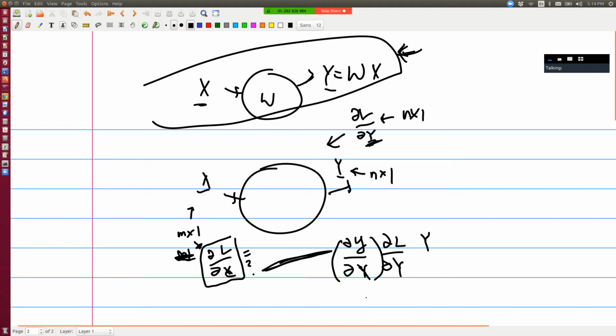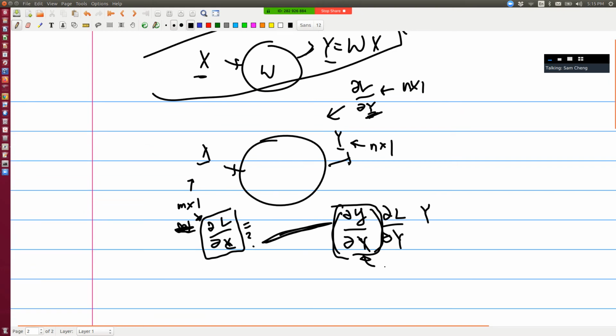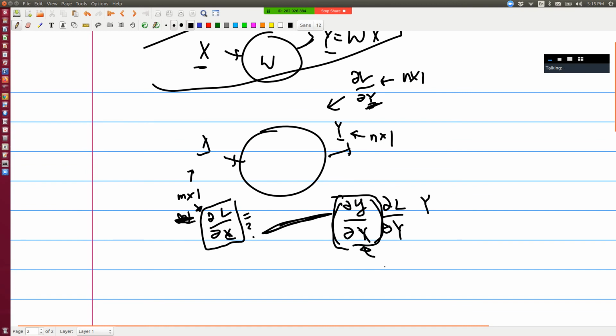Yes. And what's the dimension for this here? You mean the whole thing? This thing here. It should still be n by n. Yes, this is n by n, multiplied by n by 1. Yes, n by 1.